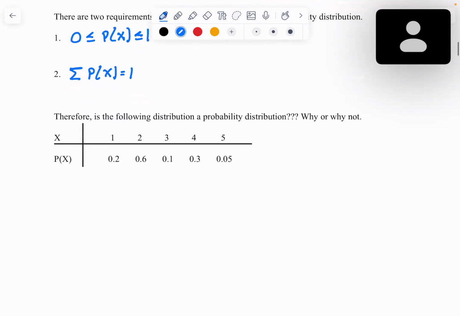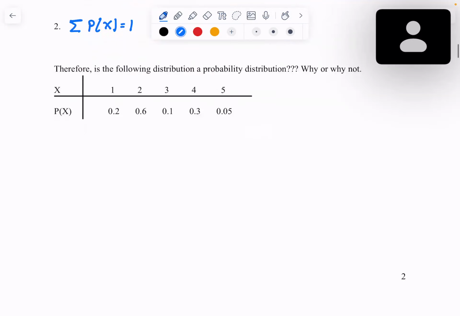So let's check if this one down here is a probability distribution by checking these two conditions. Let's ask ourselves first, one, are all these probabilities in the bottom row between 0 and 1?